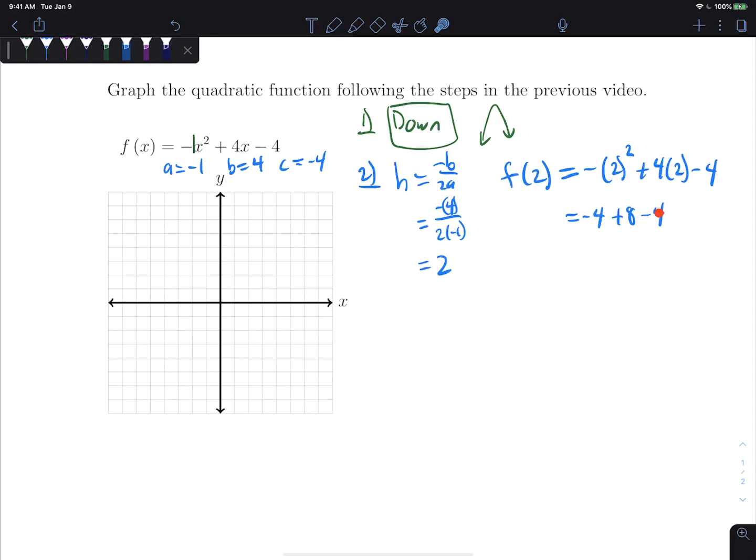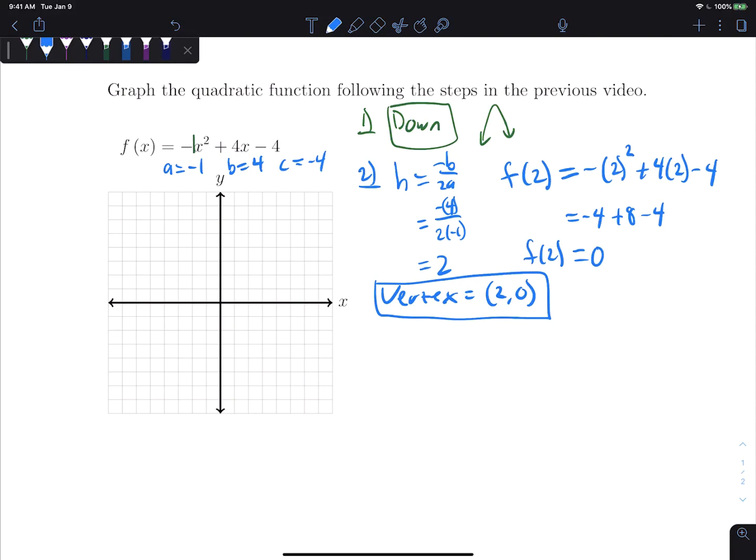Negative 4 minus 4 is negative 8, plus 8 is 0. So this tells me that f of 2 equals 0, and the vertex is going to be the coordinate (2, 0). And I'm going to go ahead and plot that. There we go.